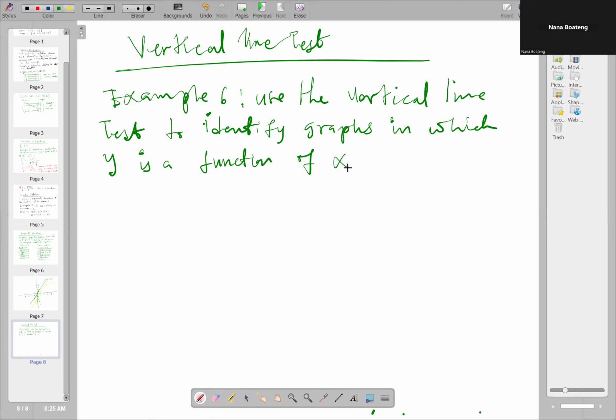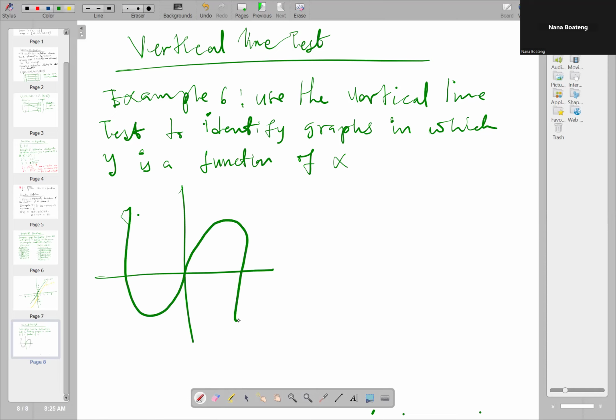All right, so the first graph is this, we have a graph that looks like this.